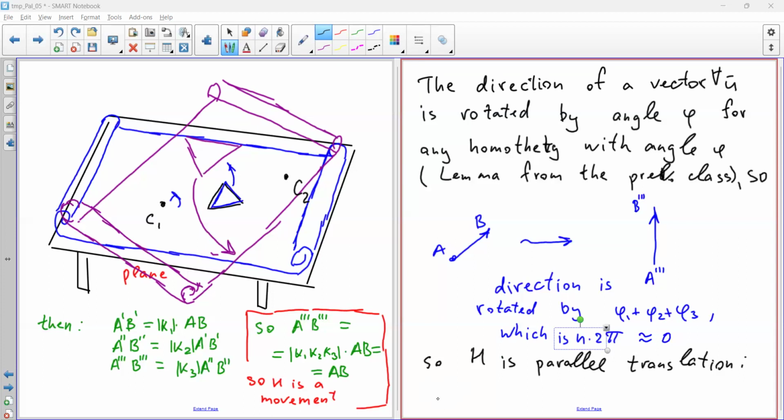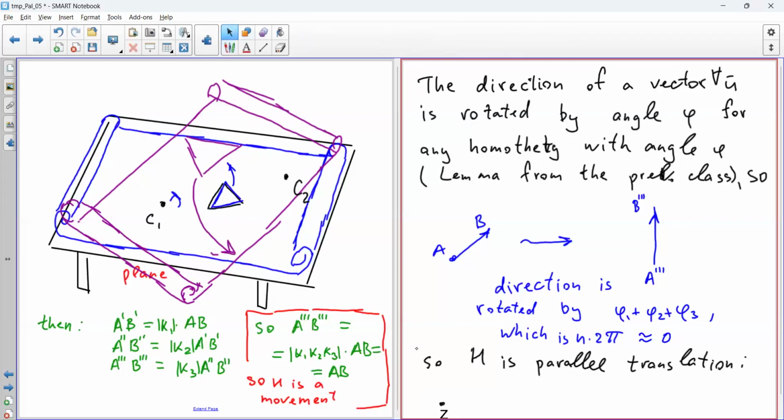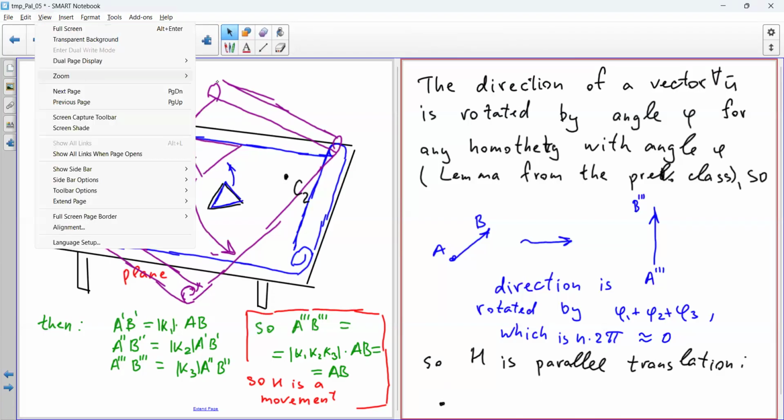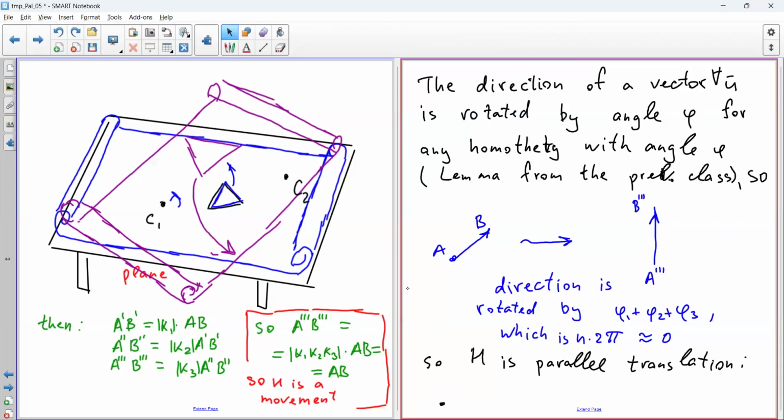Following this strategy, let's consider the points A and B, and the segment A triple prime, B triple prime.